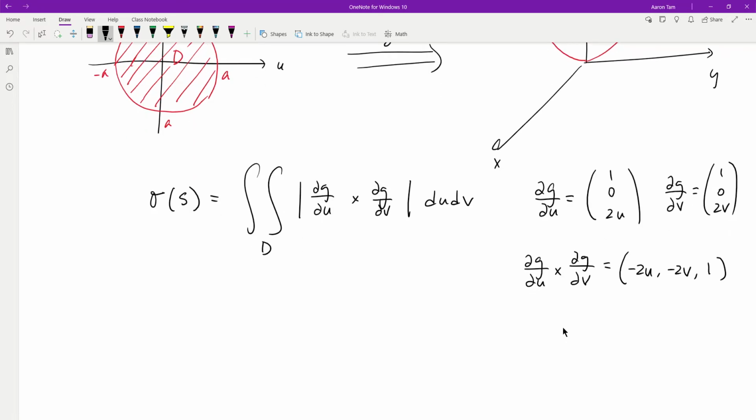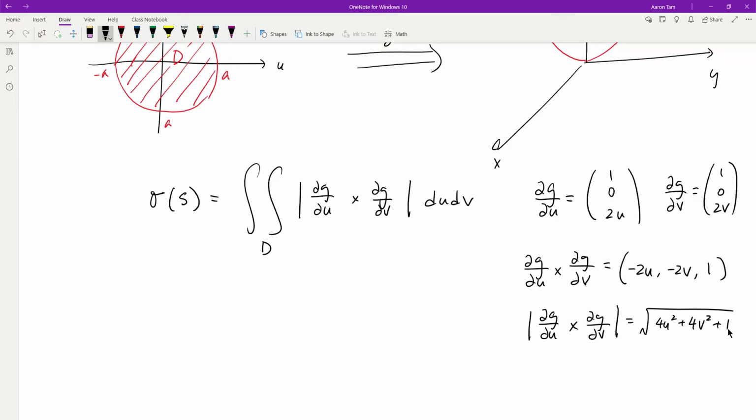Okay, so now I can find the length of this cross product. And the length of this cross product, remember, represents the area of a parallelogram that we use to fit to form the surface area. It would equal the square root of 4u squared plus 4v squared plus 1.